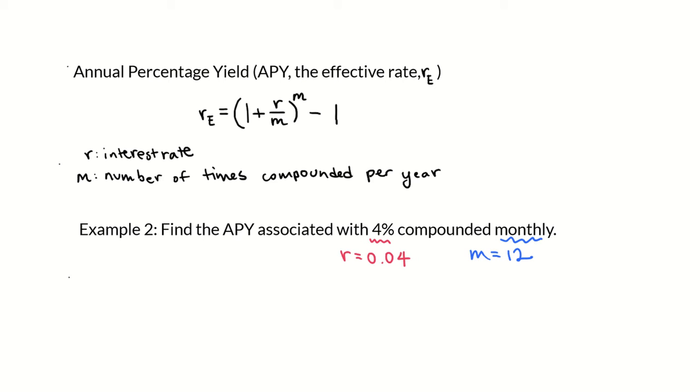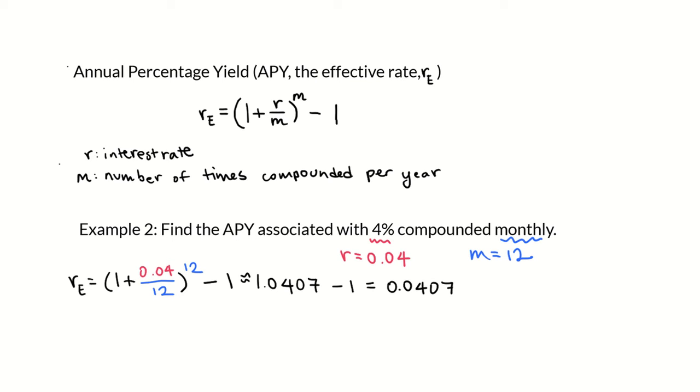So now in the formula, the effective rate, R sub E, is equal to (1 plus 0.04 over 12) raised to the 12th power, minus 1, which is approximately 1.0407 minus 1, so 0.0407.